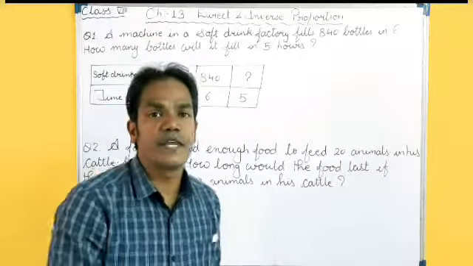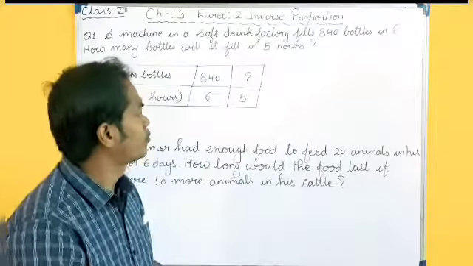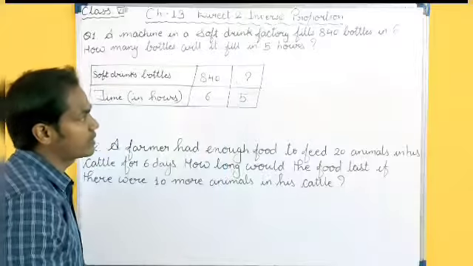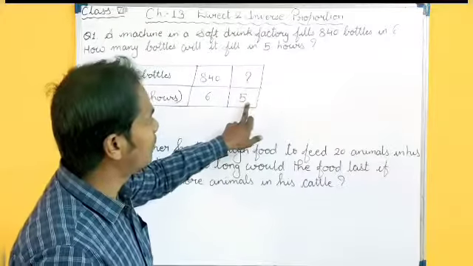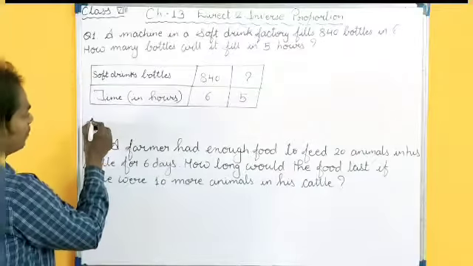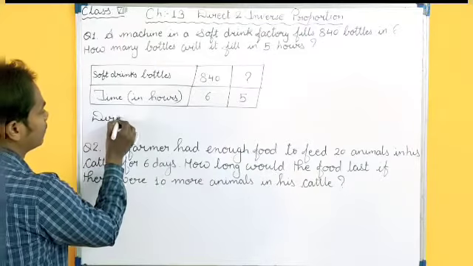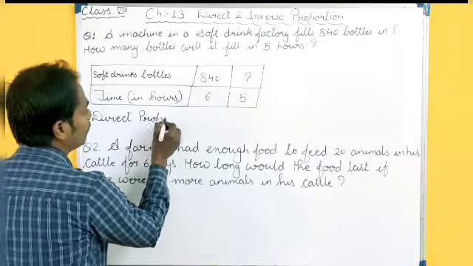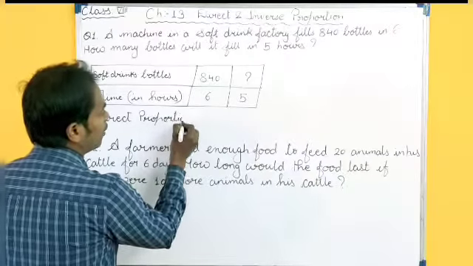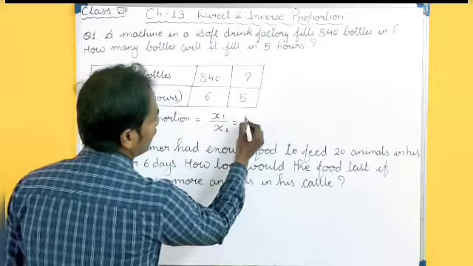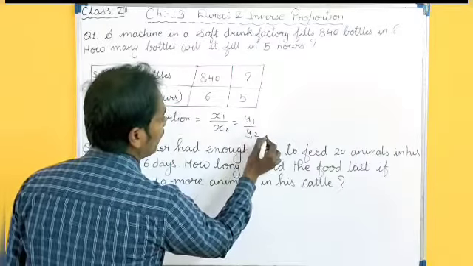So this question is based on direct proportion. Okay, in 6 hours 840 bottles are filled. How many bottles will be filled in 5 hours? So here we will use direct proportion formula. So you have to learn one simple formula, x1 upon x2 is equal to y1 upon y2.